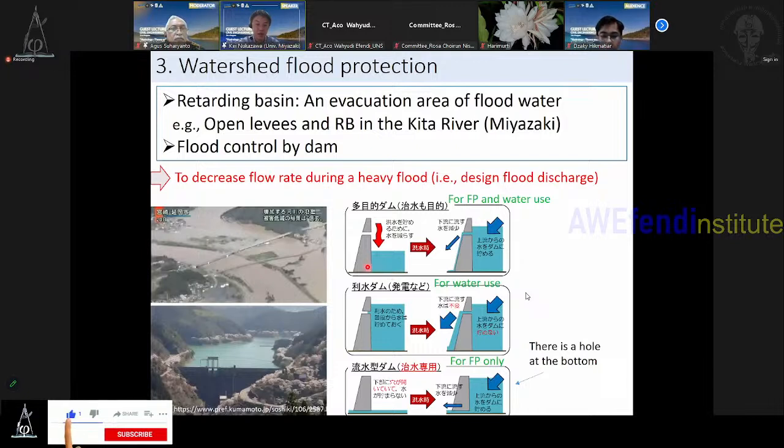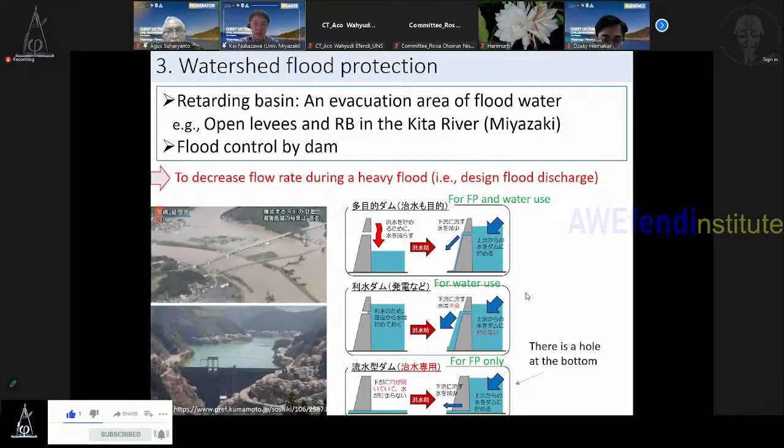And I classify the role of dam into three. Sorry, the figure is in Japanese, but it is very simple, so probably you can understand. The first one is the multi-purpose dam. In Japan, we call it multi-purpose dam.